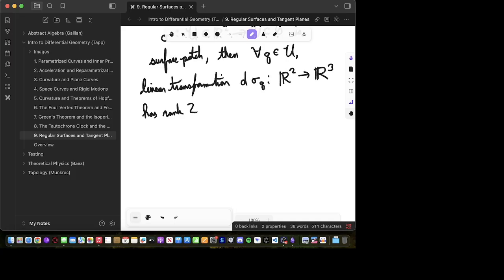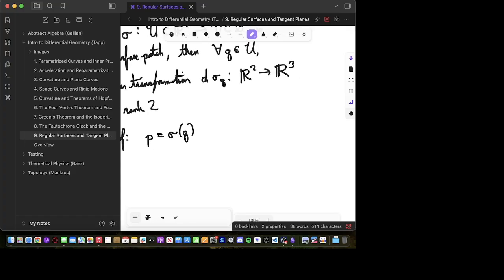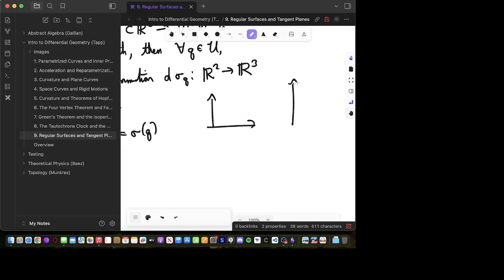So let's prove this. Suppose that P is equal to sigma of Q. So Q is right there, and P is right there.